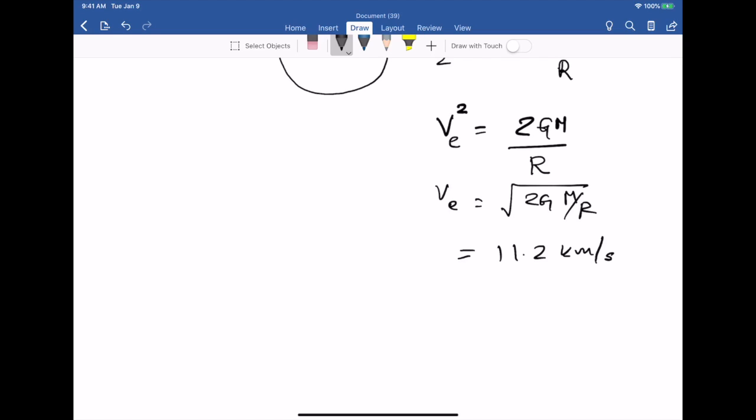Okay, now on slide 17, I have a list of escape velocities of different planets and moons. So, for example, Jupiter has an escape velocity of almost 60 kilometers per second.